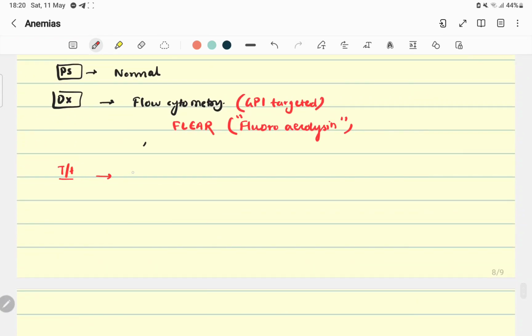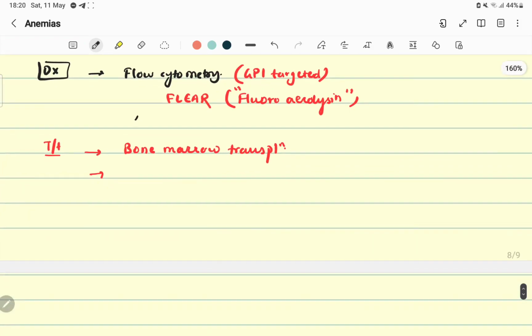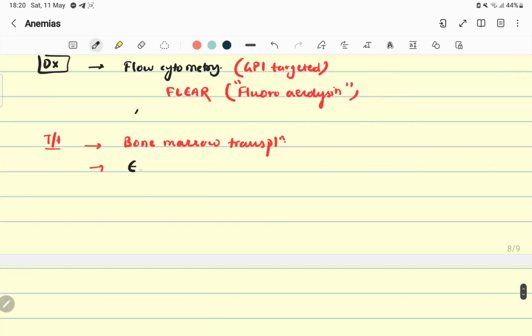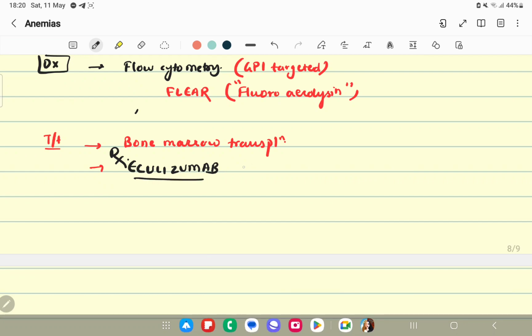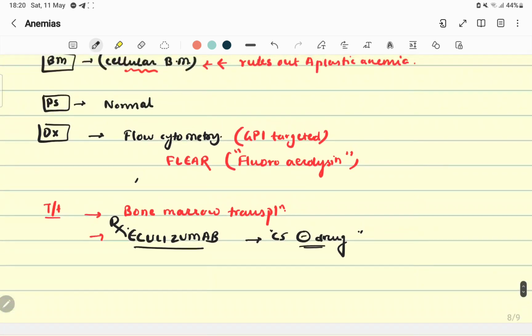Treatment, first is bone marrow transplantation. Or you can give an orphan drug, which are for rare diseases. You can give eculizumab, a monoclonal antibody. Eculizumab is an expensive drug, a C5 inhibitor, but it is very effective. It can decrease the risk of thrombosis up to 90%, right?